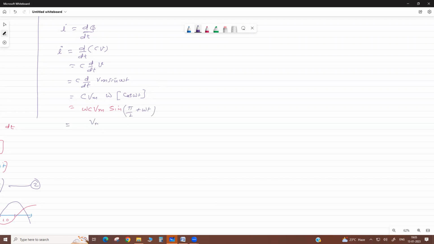Now, my dear, this Vm by 1 by omega C, and 1 by omega C equals Xc. Xc equals 1 by omega C, please. That is in ohm. This is the capacitive reactance.